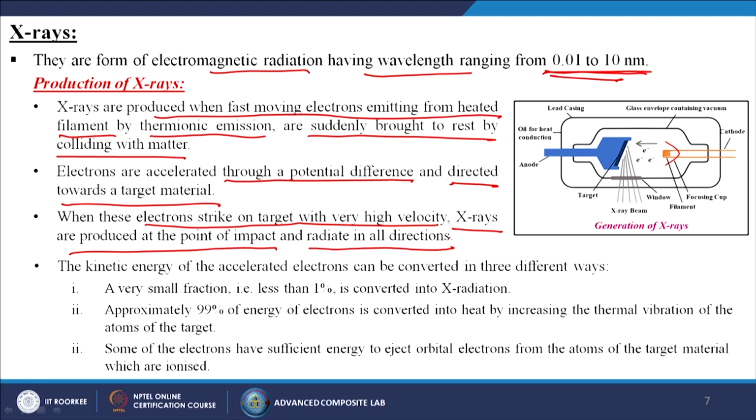in all directions. If we look at this pictorial view, here we can see the anode. The anode is our target, or our material, and the cathode is nothing but the filament. We generate thermionic emission there, and there is a huge potential difference between the cathode and the anode, so the electron density on the cathode side is higher.